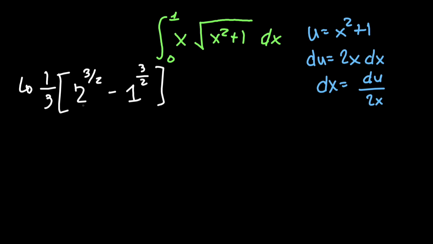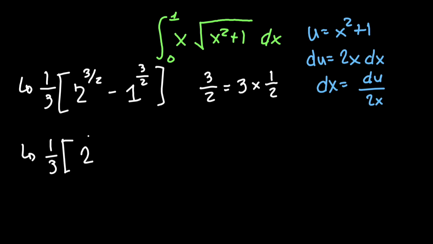Whenever you have an exponent that is a fraction, you can rewrite it like this. So we have a fraction of 3/2. This is equal to 3 multiplied by 1/2. And so by rewriting that, 2 to the power of 3 multiplied by 1/2 minus 1 to the power of 3 multiplied by 1/2.